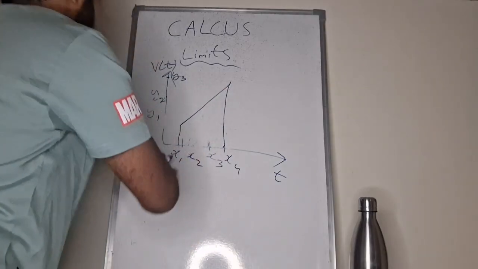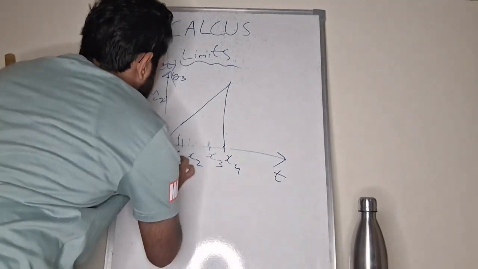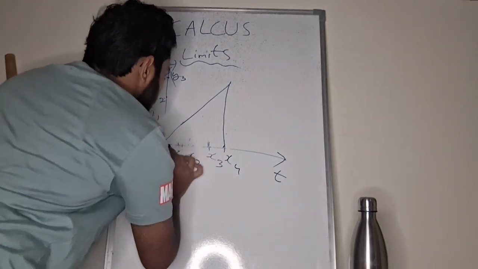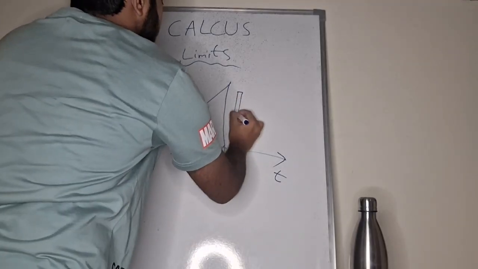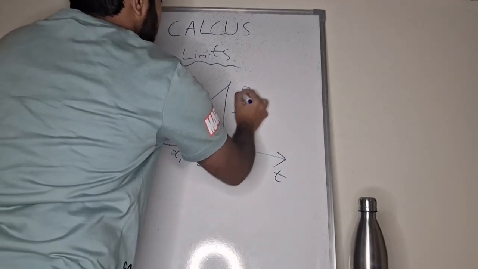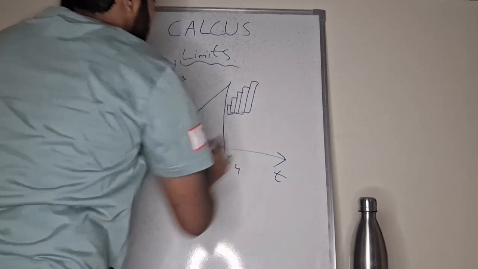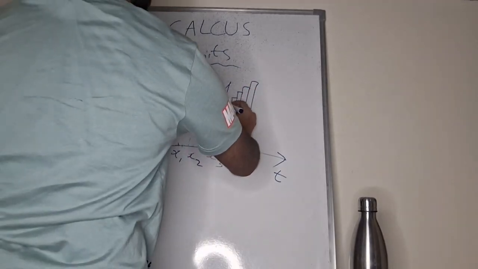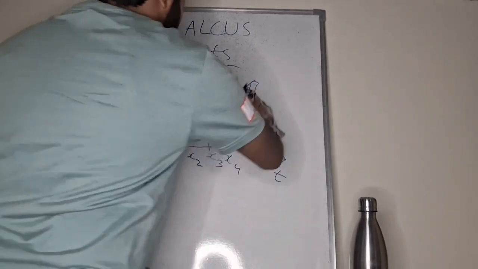Although it's not a triangle, but let's just consider it from this point as well. Earlier it was like this, so this space like this.